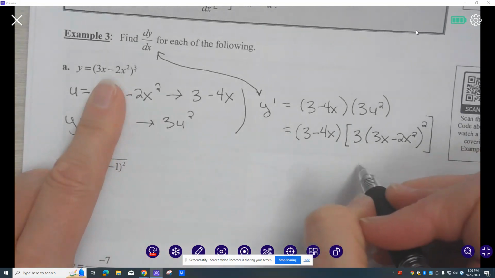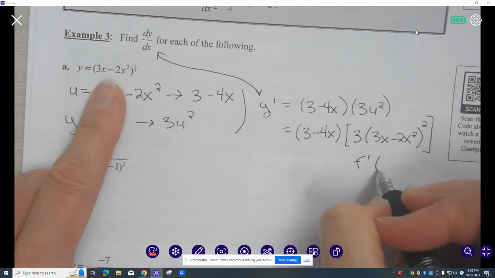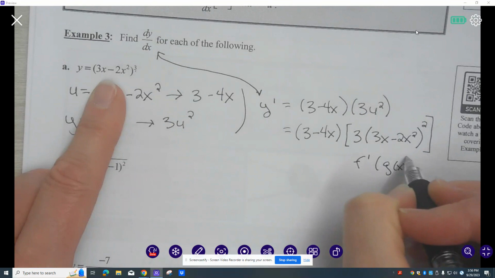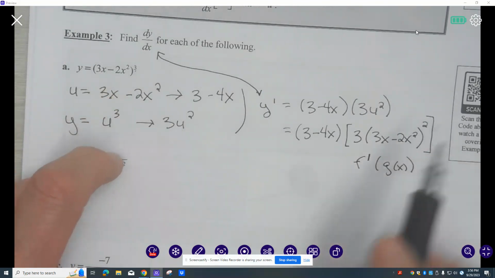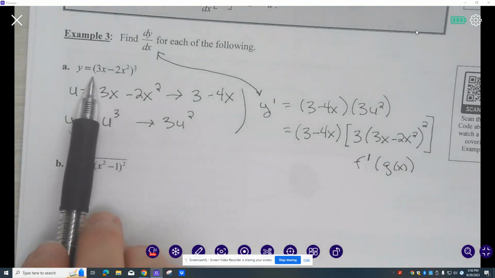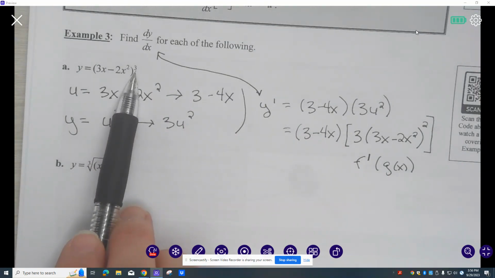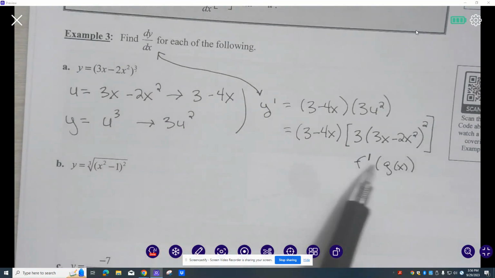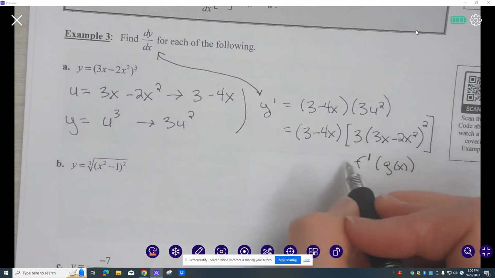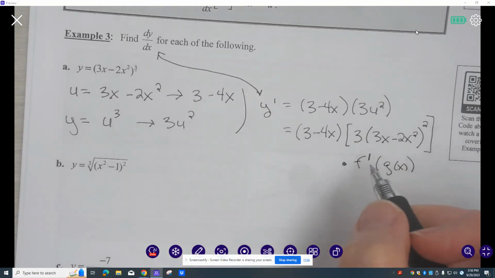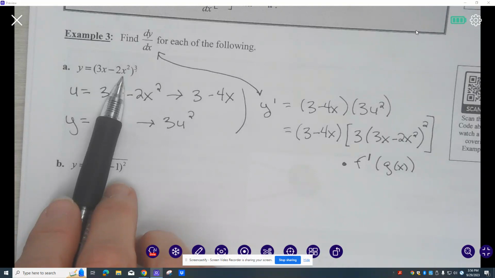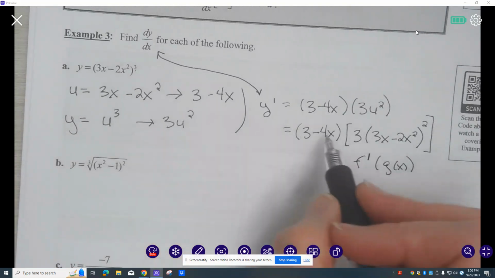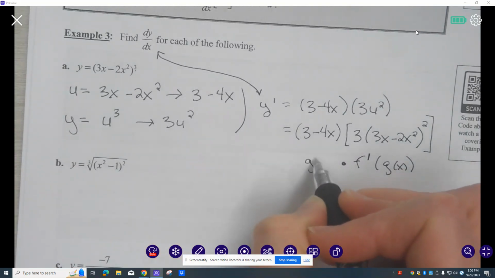So this is this part of that definition on the other page. The something to the third is on the outside. So 3 times something to the second power, that's the derivative of the outside, times the derivative of the inside, which was the 3 minus 4x.